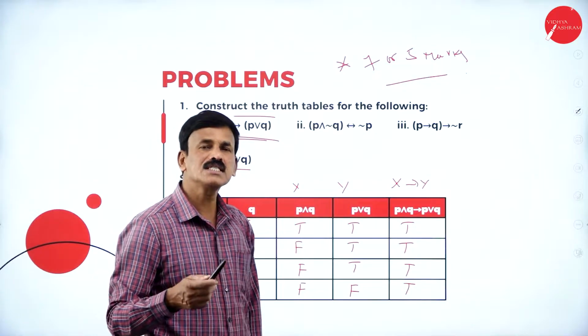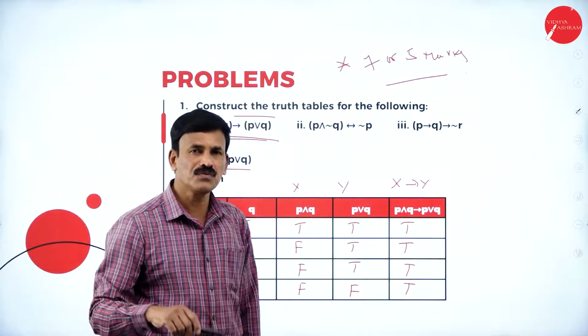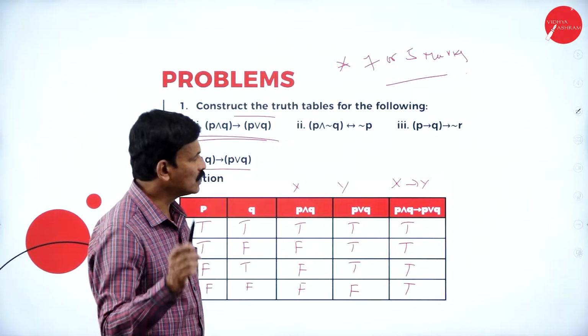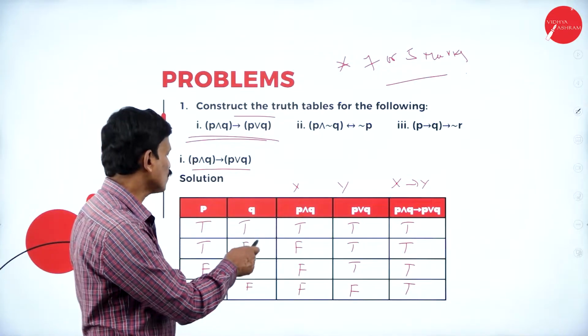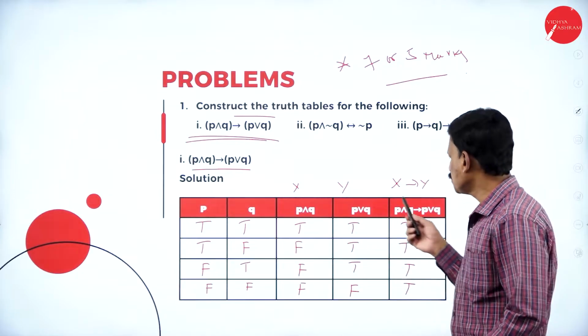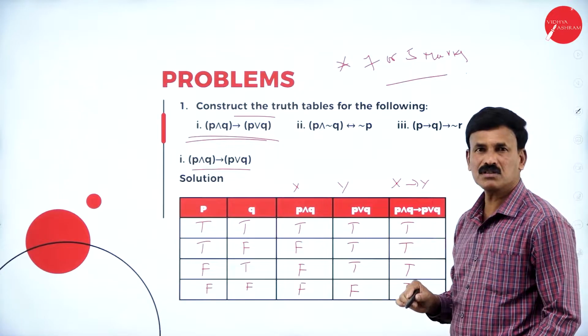If we get all F, it is called a contradiction. If we get both true and false, it is neither a tautology nor a contradiction. We will discuss that in the next class. For the given compound proposition, the truth table will be like this. If you do this much, you will definitely get 7 or 5 marks.